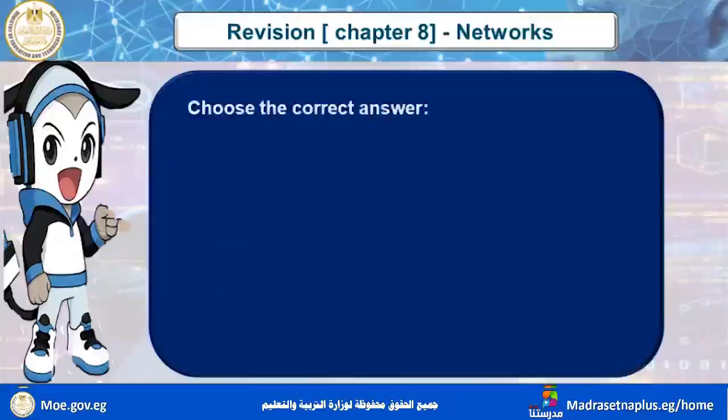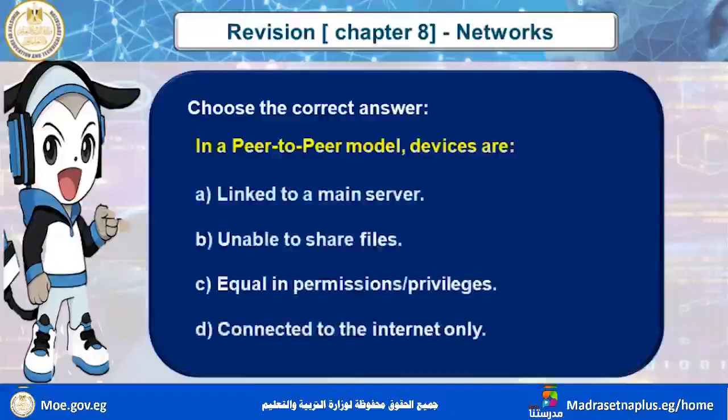Choose the correct answer. In a peer-to-peer model, devices are linked to a main server, unable to share files, equal in permissions and privilege, or connected to the internet only. Of course, we call it peer-to-peer, and this means they are equal in permissions and privilege.